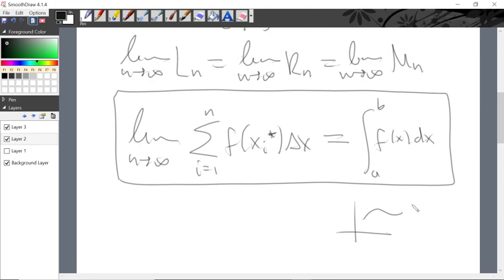If f happens to be positive, then we're talking about the area of this region bounded to the left at x equals a, to the right by x equals b, above by y equals f of x, and below by the x-axis, which of course has the equation y equals 0. So it has 4 bounds around it. If f is greater than 0, we interpret this definite integral as that area.